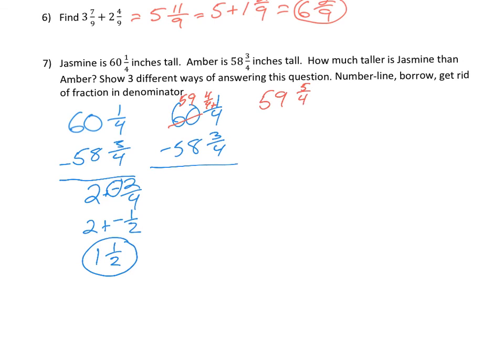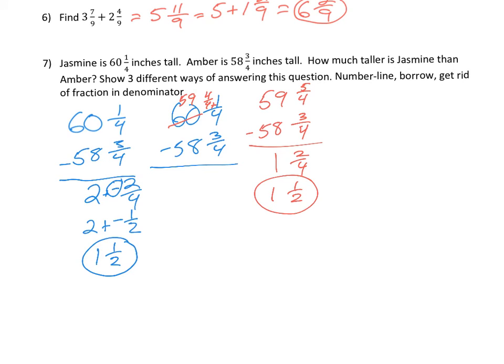So I'm actually going to have an improper fraction for my top one. And now when I subtract, I'm going to do 59 minus 58 is 1. 5/4 minus 3/4 is going to give me 2/4, which again is 1.5. Okay, so that's another way of doing it.